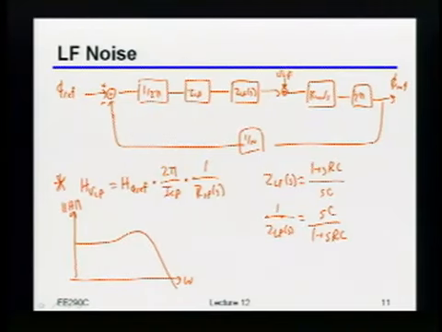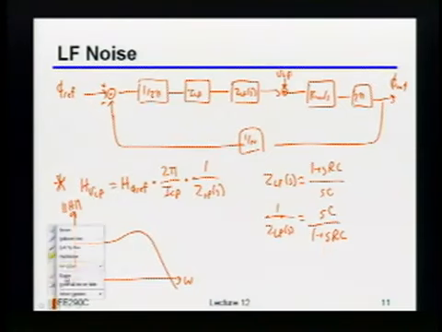So what is this shape in the frequency domain? It's 0, comes up, and then it's flat. In other words, it's a high-pass filter, because there's a 0 at 0, and then a pole.